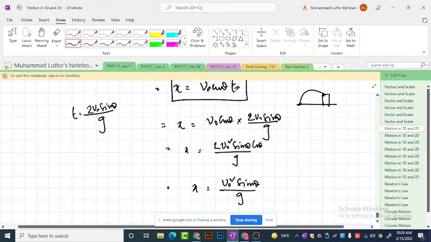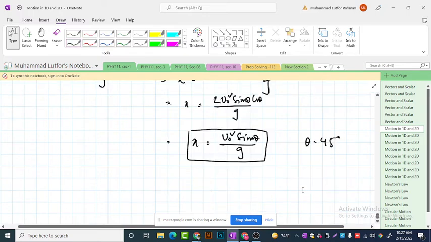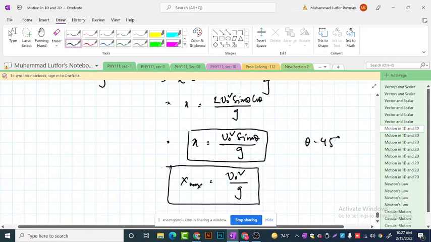That is your horizontal displacement, or range, the range equation you memorize. For the max, theta must be 45, so sine 2 theta becomes sine 90, which is 1. So x max is v naught square divided by g, the maximum horizontal displacement when theta is 45.